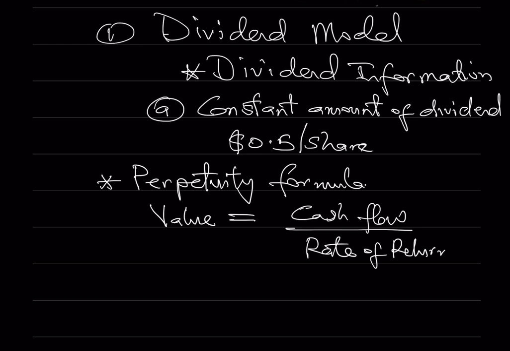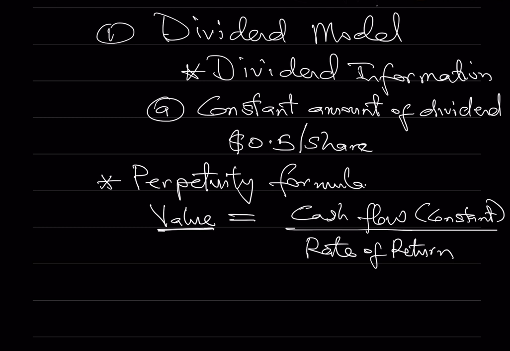I will explain this for you very well. So this is the constant cash flow that is being paid to perpetuity, forever. You divide by the rate of return, and that will give you the present value of that kind of cash flow. Let's use a business.